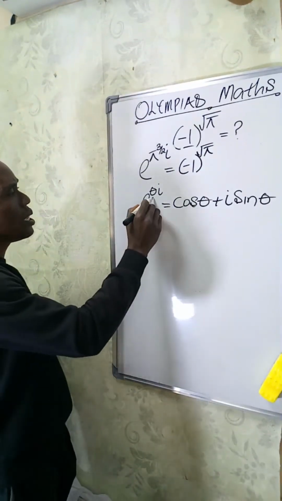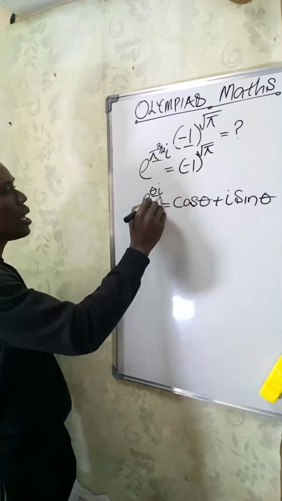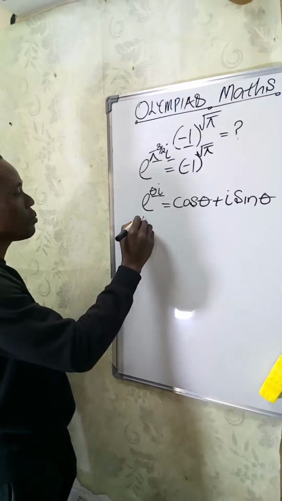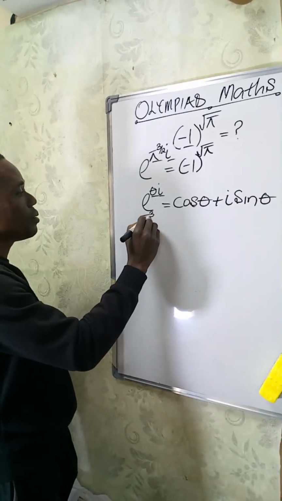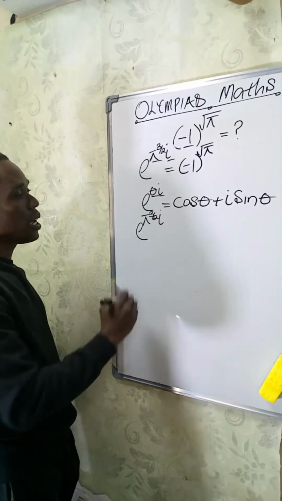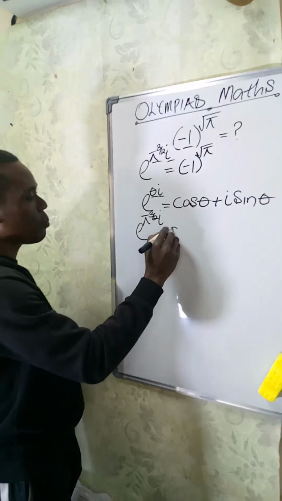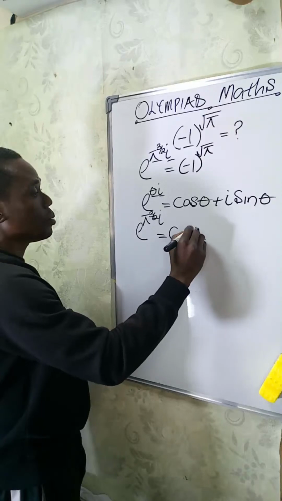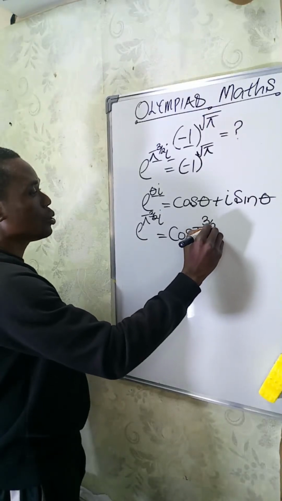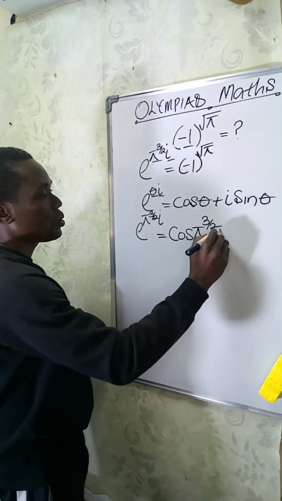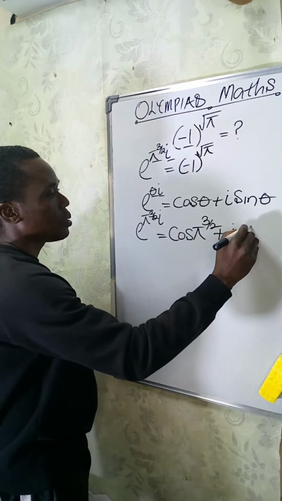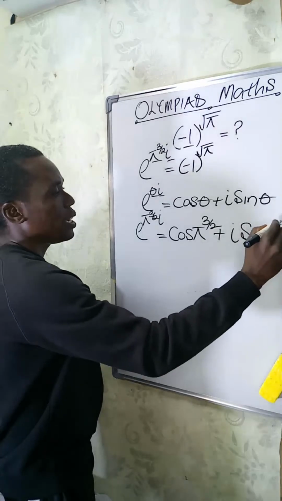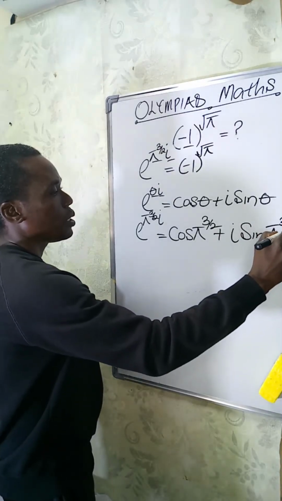Now, with theta representing pi to the power of 3 divided by 2, I can find the value of e to the power of pi to the power of 3 divided by 2 i. And that will simply give me cos of pi to the power of 3 divided by 2 plus i multiplied by sine of pi to the power of 3 divided by 2.